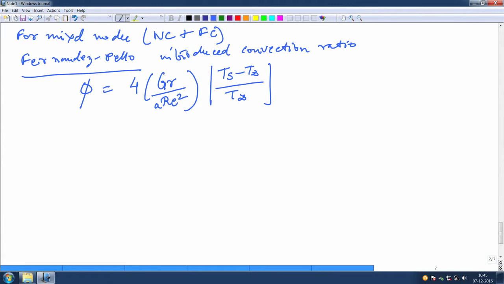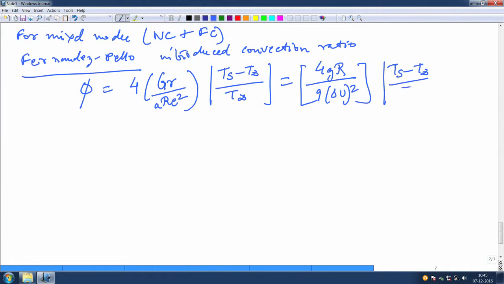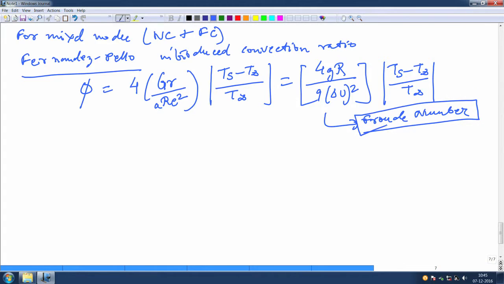So, that is the expression. This is equivalent to 4 Gr divided by 9 delta u square, because Reynolds number is related to delta u, times (Ts minus T infinity) divided by T infinity bar. So, this is nothing but basically the Froude number. So, his convection ratio is basically like a Froude number ratio, right. Gr by delta u square is like a Froude number.